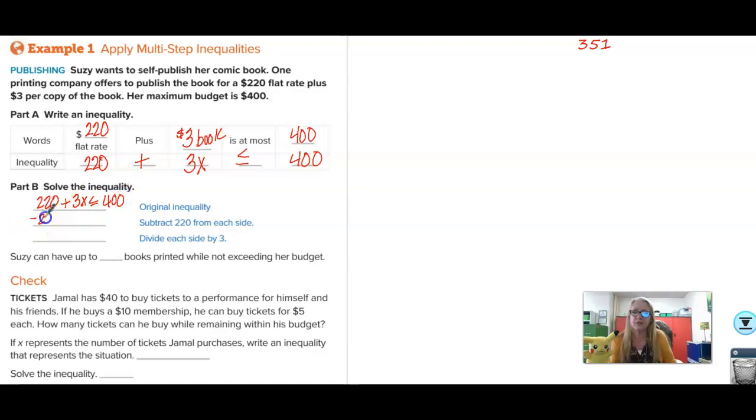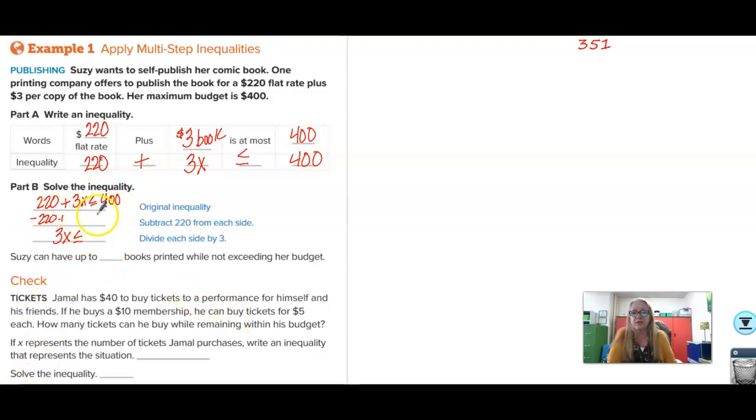Subtract 220 from each side, and that gives us 3x is less than or equal to... oh, I did it wrong. This should have been 10. All right, hang on, I'll erase this. Okay, so here we go.